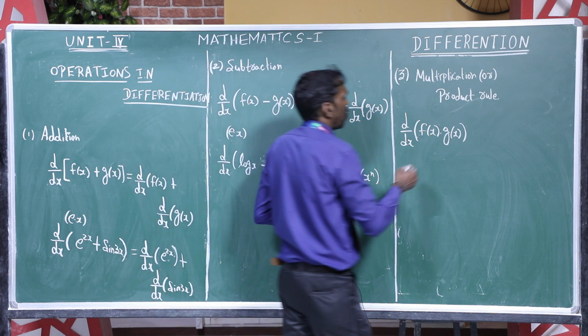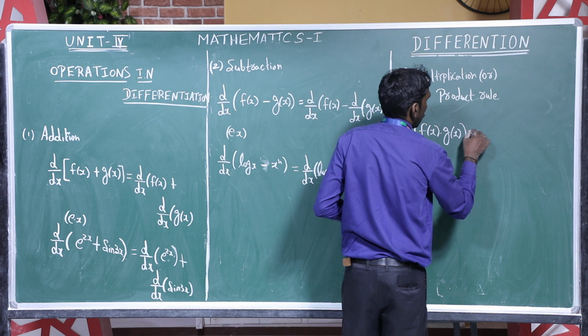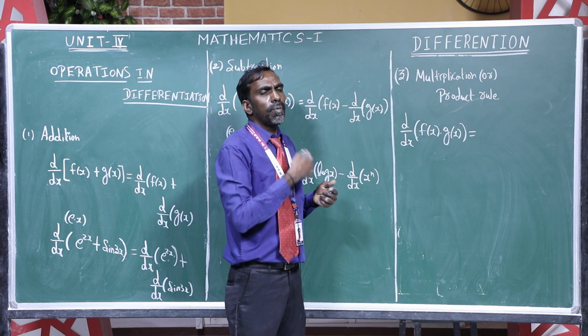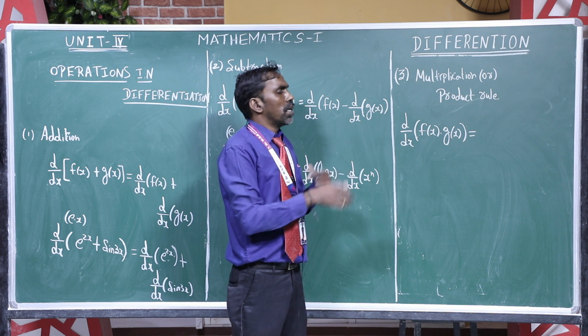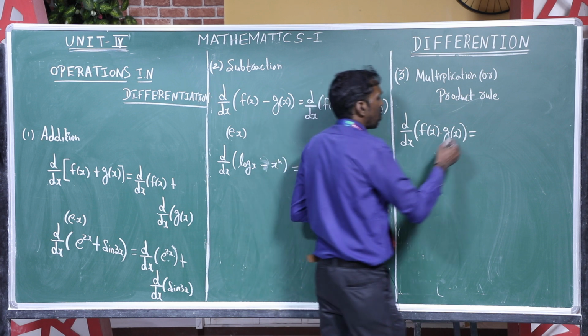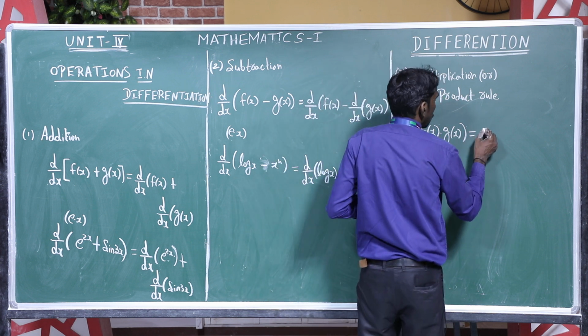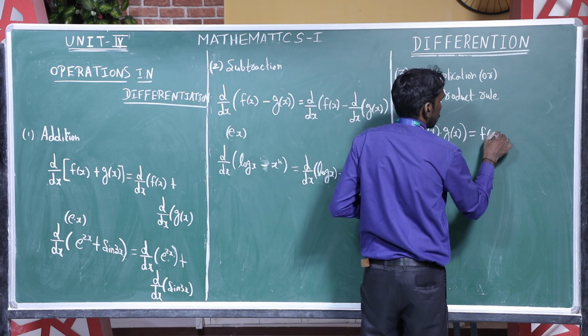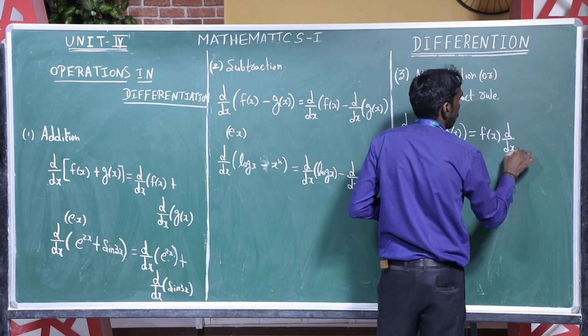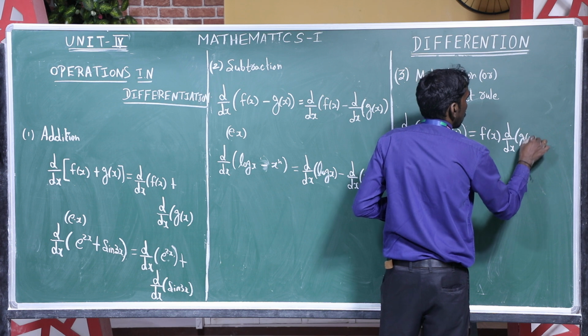So this will be: one term will be a constant, and the other term will be differentiated. Next time, take the other as a constant and differentiate the first. So here I take f of x as a constant, and d by dx of g of x.